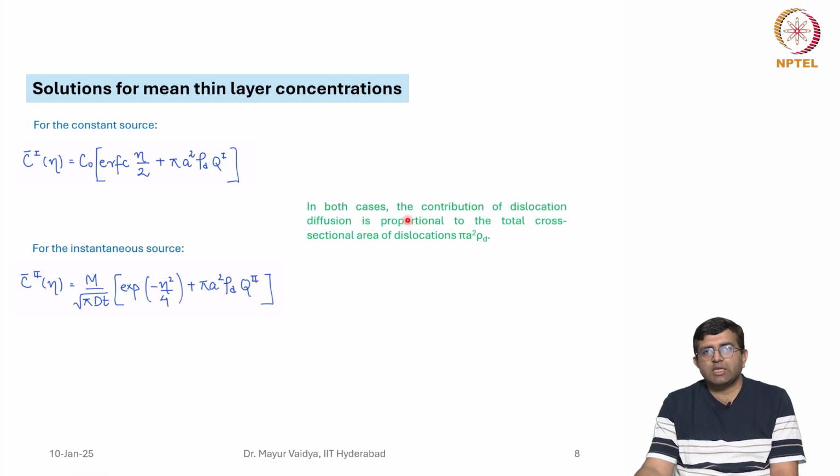In both the cases, whether it is a constant source or an instantaneous source, the contribution of dislocation diffusion is proportional to the total cross-sectional area of the dislocations. So, you see pi a square rho d, this is where the contribution of the dislocation diffusion comes into the picture. So, whether it is constant or instantaneous, this is similar.